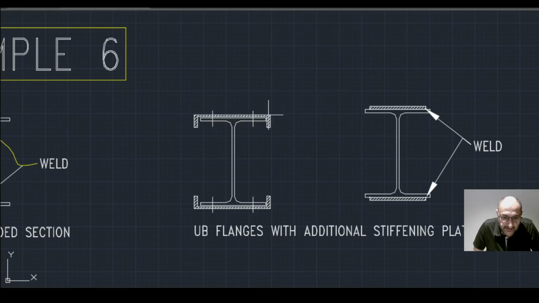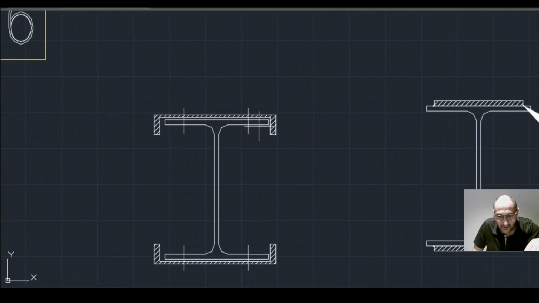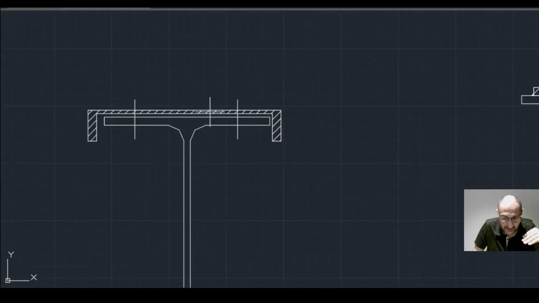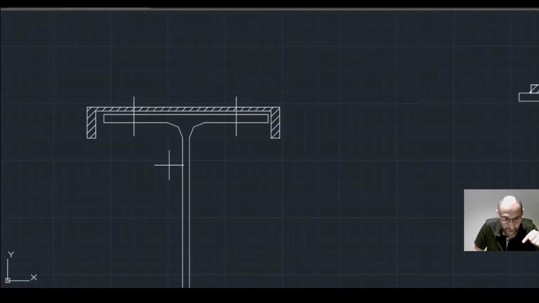Anyhow, the shear stress in this case would be examined in this location. So we need to calculate the first moment of area. When we calculate the first moment of area, we should actually take the whole area of the PFC. And the distance y bar would be from the centroid of the PFC to the centroid of the entire section.